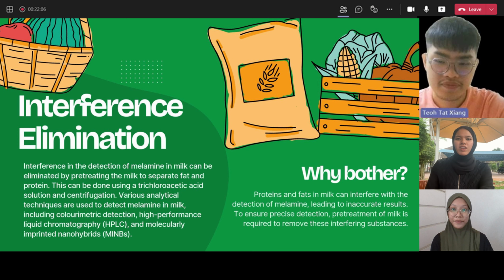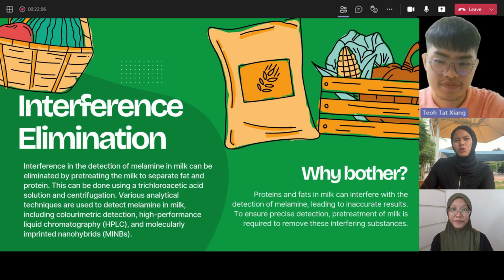But actually, colorimetric methods are not the only option. More advanced techniques like high performance liquid chromatography (HPLC) and molecularly imprinted nanohybrids can help detect melamine with much higher accuracy. These methods are great at picking up even tiny amounts of contamination.